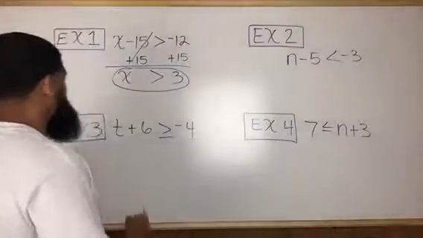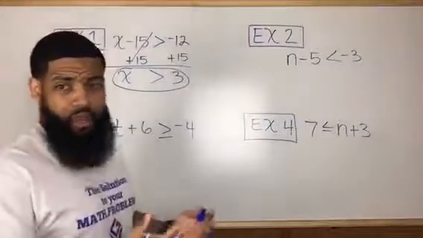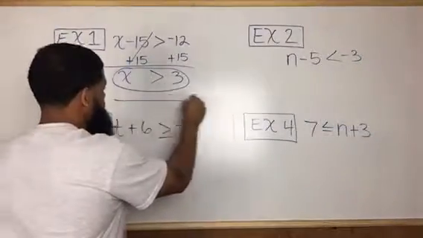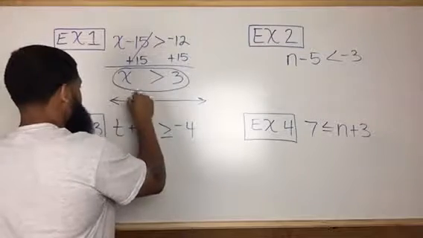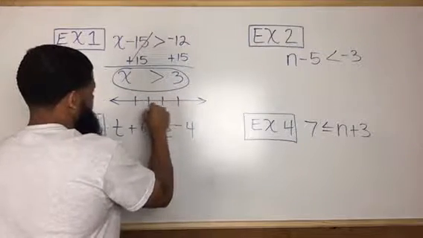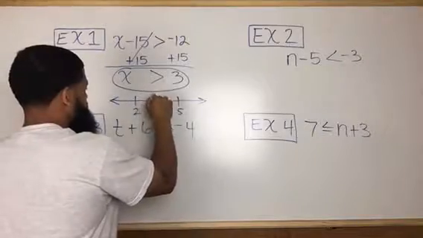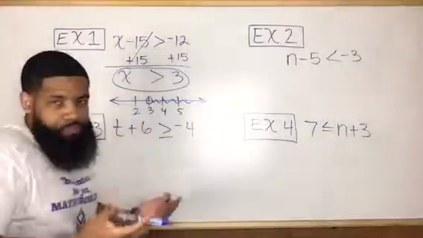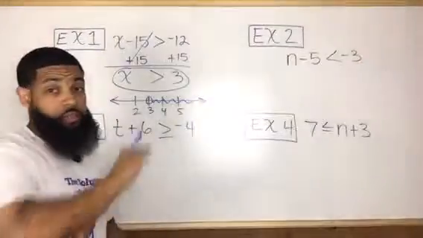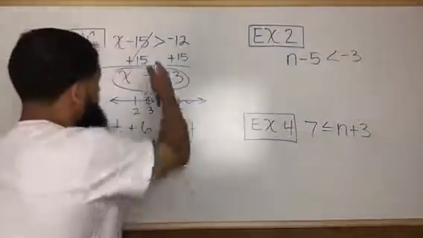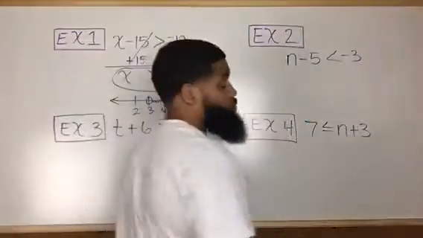And you can actually graph that as well. For simplicity, I'm just going to put 2, 3, 4, 5. So boom, we can shade it just like that. And as you can see on the graph, any number to the right of 3 is going to solve that inequality.